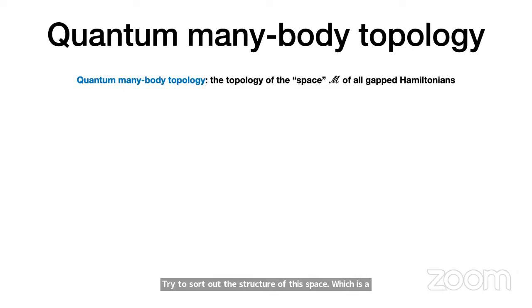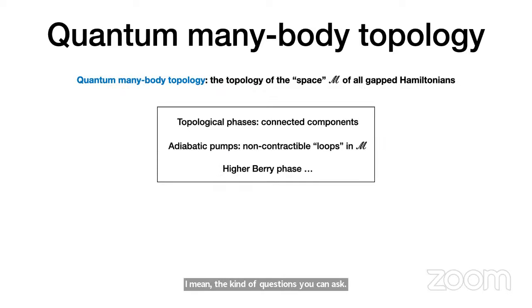By topology, I mean the kinds of questions we ask, like: what are the connected components of this space? That just means the different phases. You can ask more refined questions, like what are the non-contractible loops in this space? These are the pumps, and then even higher structures. This has been a very active subject.